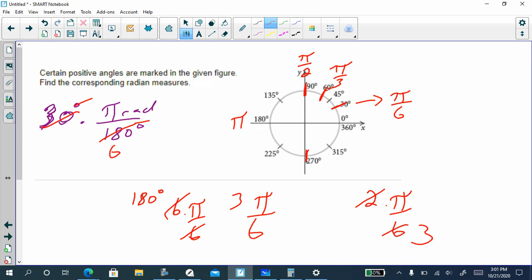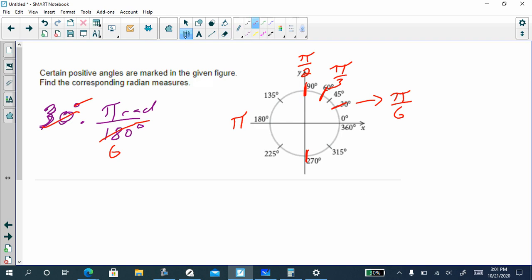270, we could figure that out as pi's over multiples of 30. Or think about this. If we go from here to here, that's 90, 90 more, 90 more. So 270 is 3 90s.